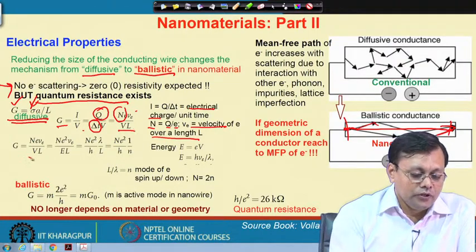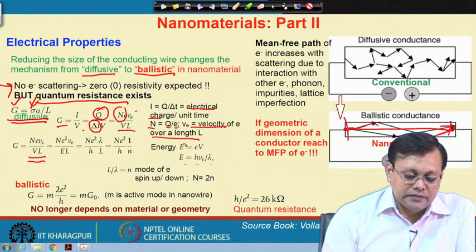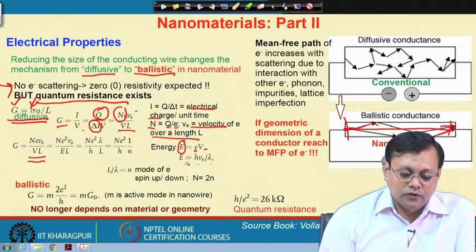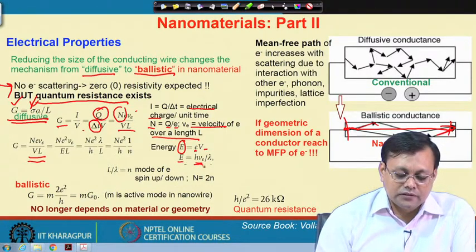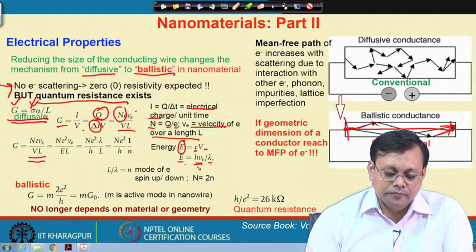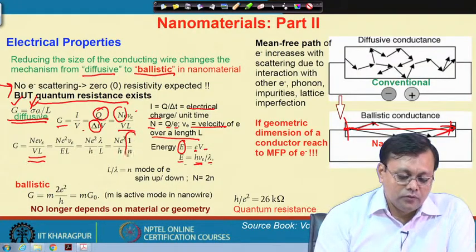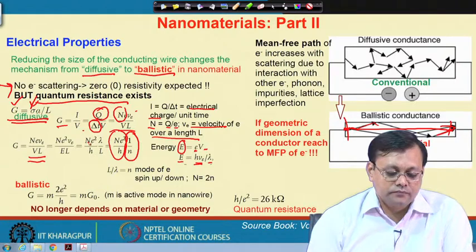And now, if we get such an equation, then the energy E is equal to e into V, where E is equal to h nu, that is the photon energy, divided by the lambda. So, that is from the Planck constant we get actually. So, ultimately it leads to 1 by n and another term, that is n e square by h.